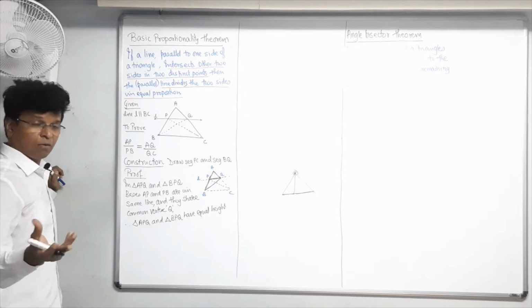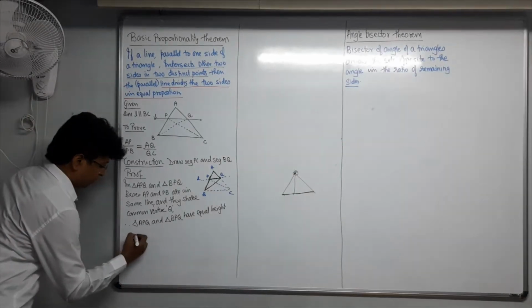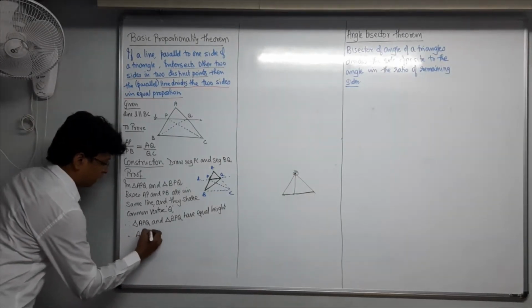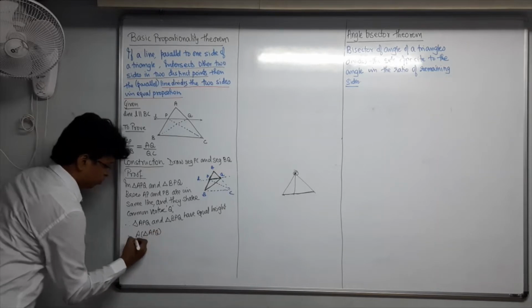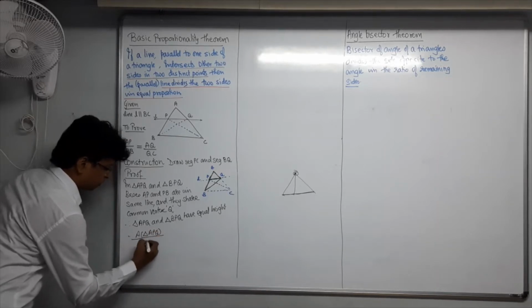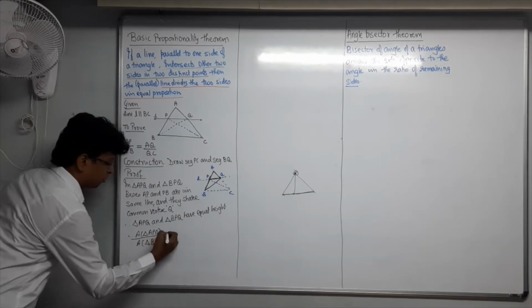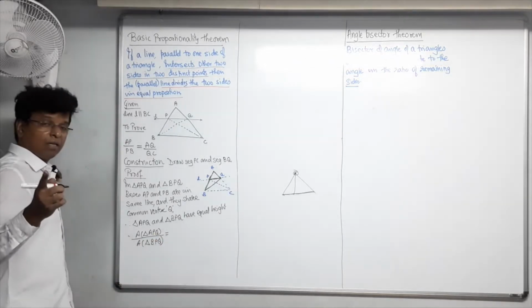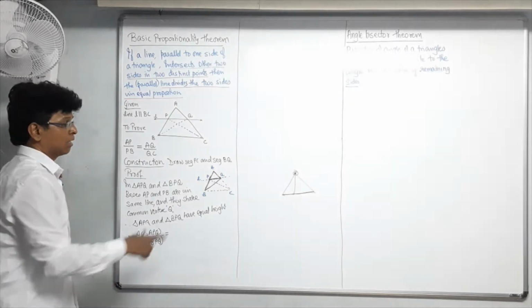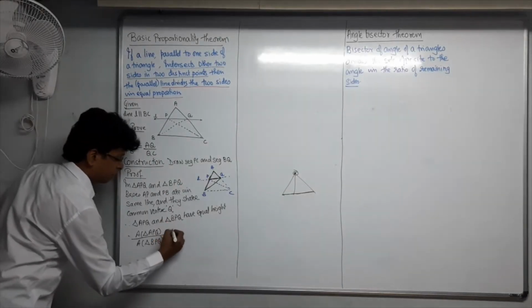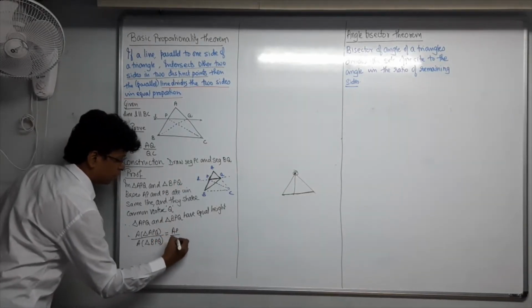Finished? So now you can say very nicely, therefore area of triangle APQ upon area of triangle BPQ will be equal to what? Equal to the ratio of their bases. What is that? AP upon PB.